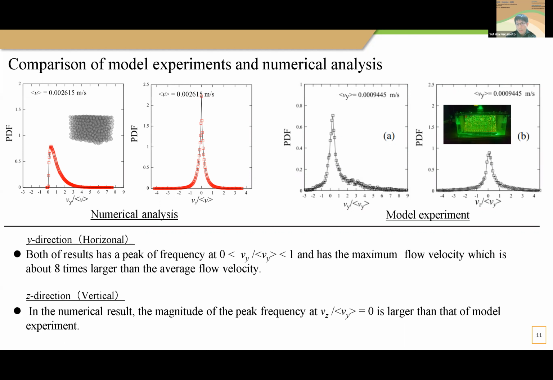I think this is a point of agreement between model experiments and the numerical analysis. However, in the Z direction, the vertical direction, in the numerical results, the magnitude of the peak frequency at 0 is larger than that of model experiments. So this is a point of disagreement between these results.